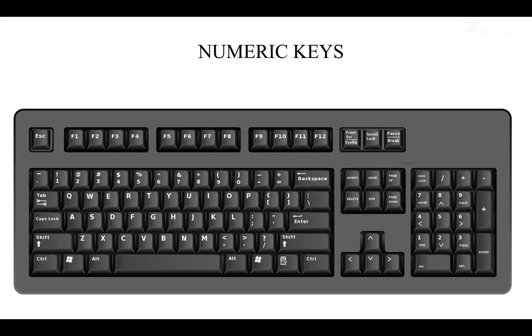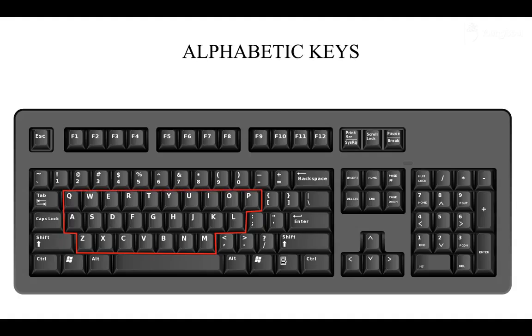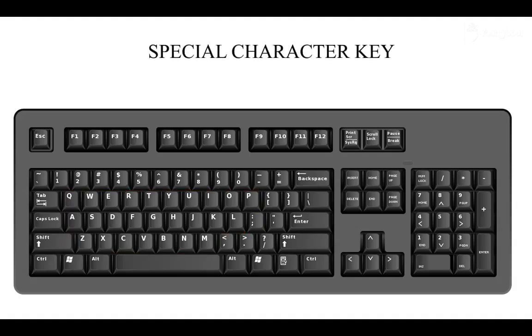Numeric keys are used to enter numbers into the computer. They are keys from 0 to 9, the plus sign, the minus sign, the asterisk, the backward slash, forward slash, and equals to. Alphabetic keys. Just as the name implies, these are the 26 letters of the English alphabet, A, B, C. Special character keys.